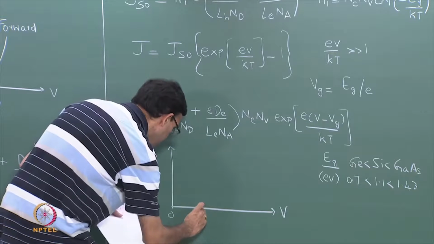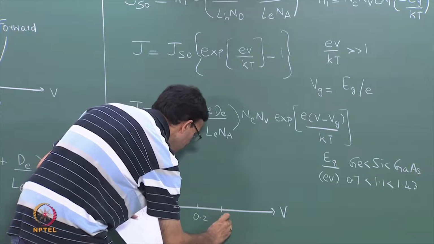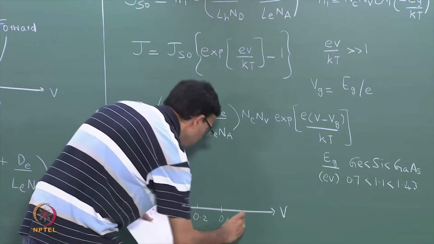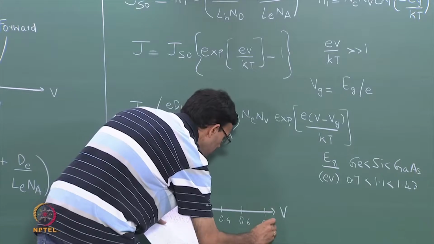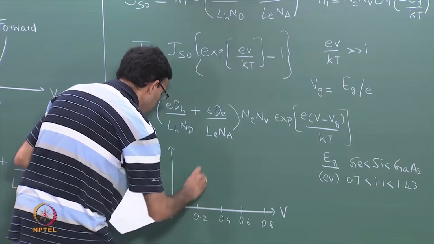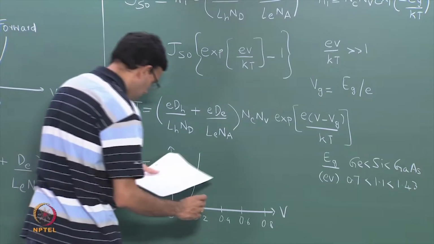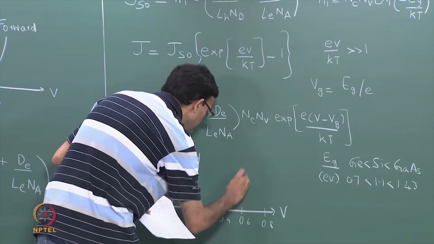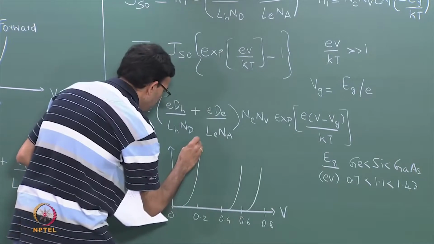So, we find that the curve for germanium comes first, then you have silicon and then finally you have gallium arsenide.